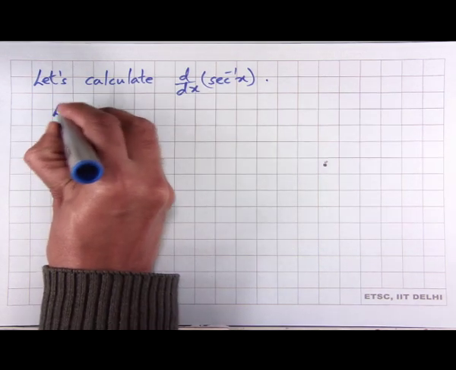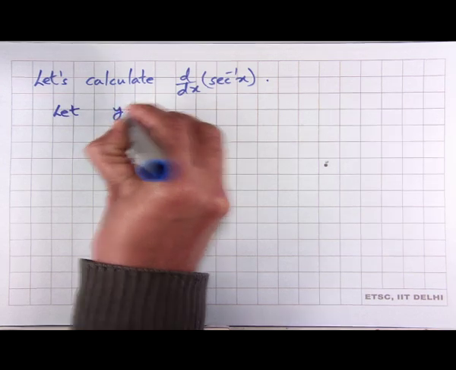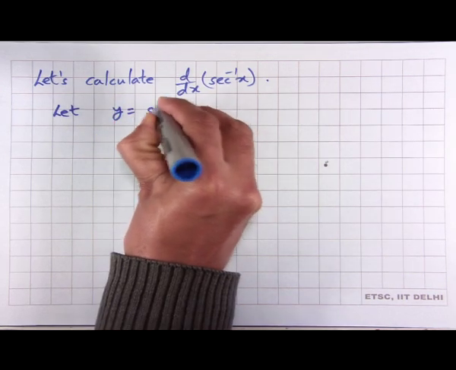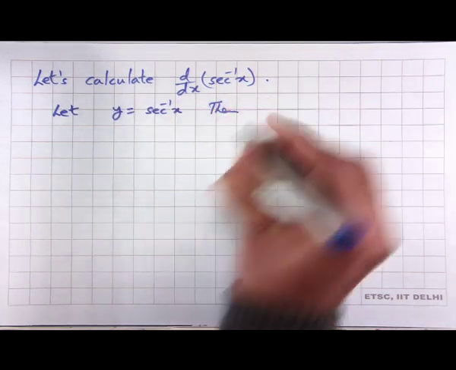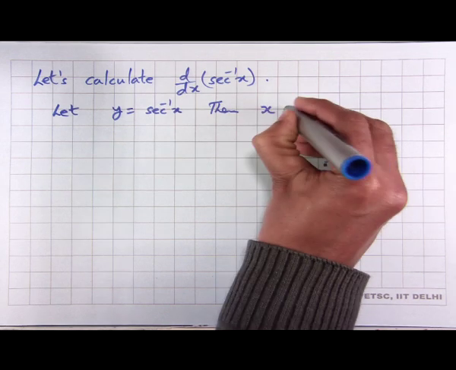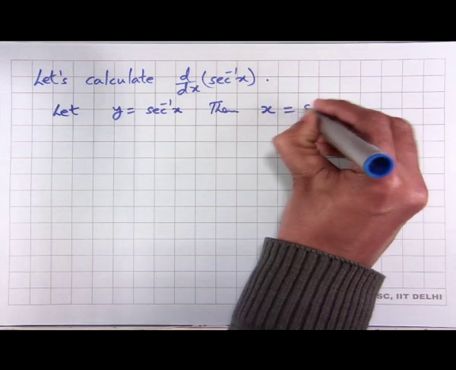Let y is equal to secant inverse x, then x is equal to secant of y.